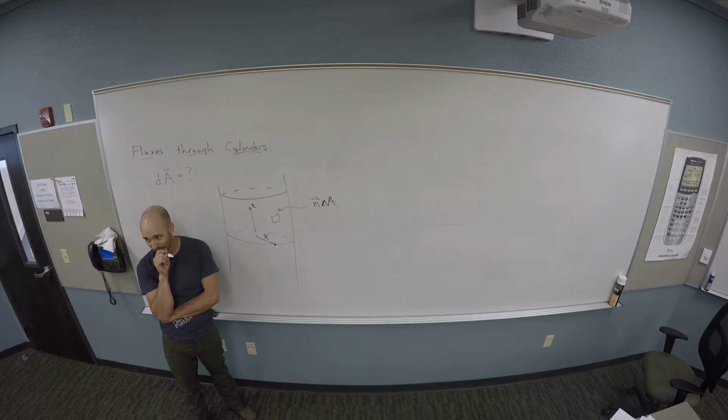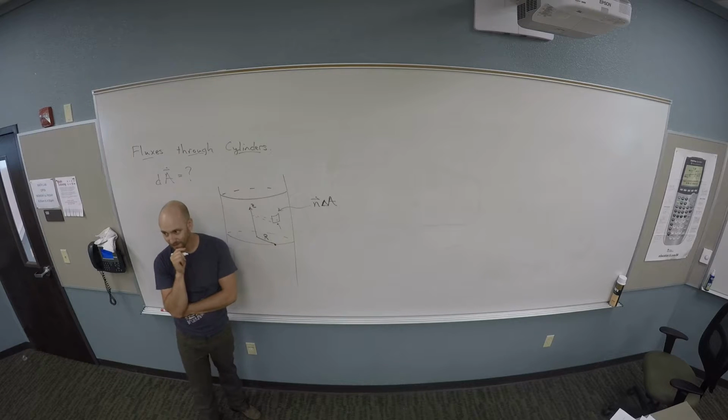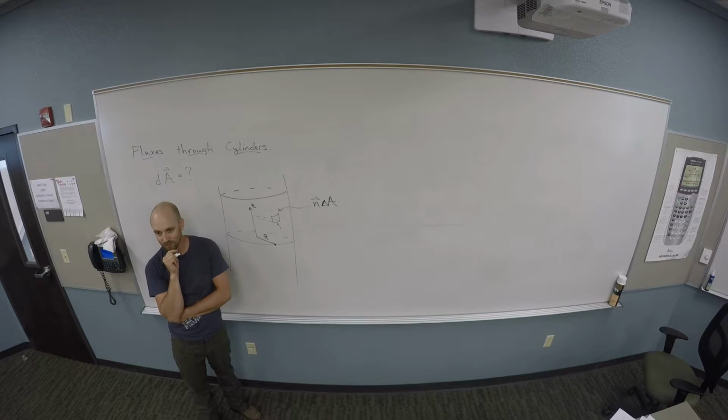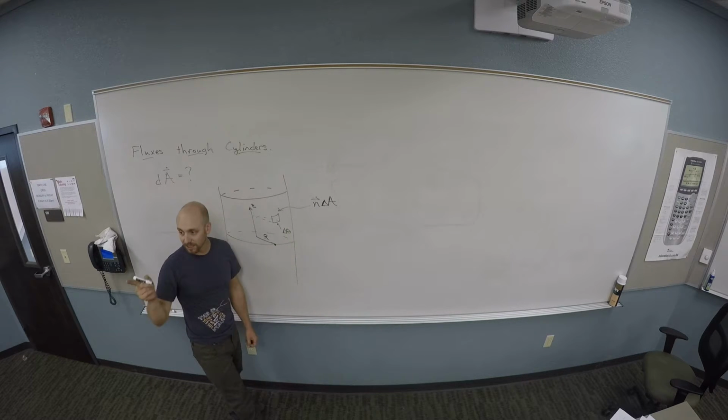The angle. The angle's going to matter, right? That's going to cause this thing to be different, right? Do you guys want to give me a guess for that thing? How long is that bottom side of that little patch going to be? Change in theta seems like a good start. And then it needs an r, right?